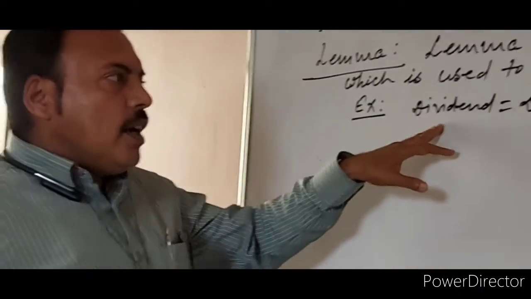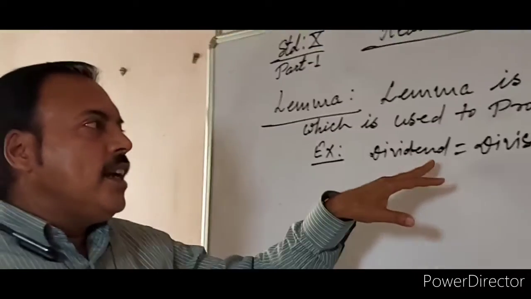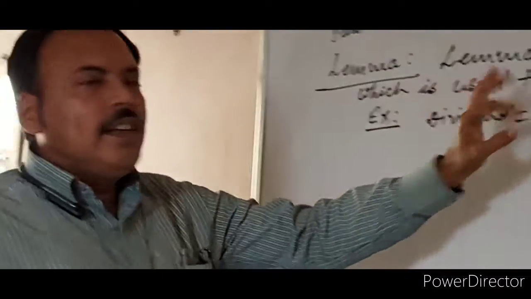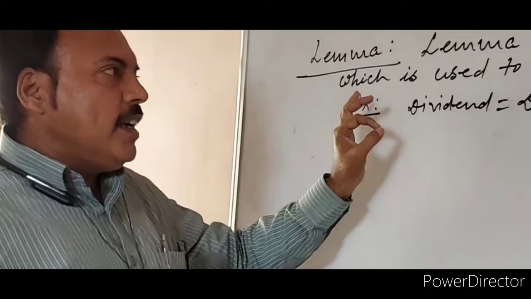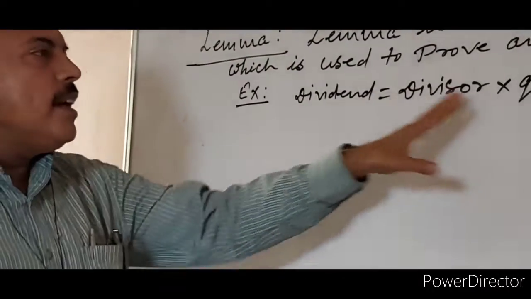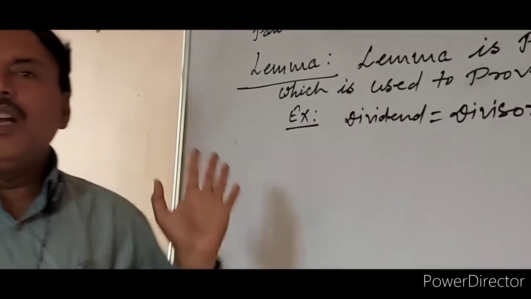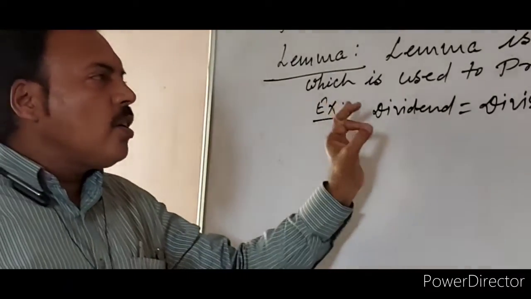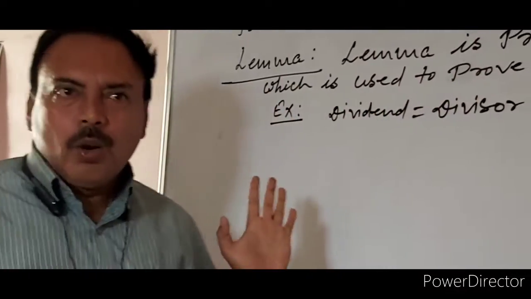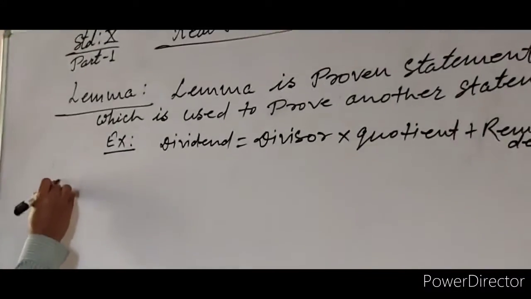We have learnt from our childhood that dividend equals divisor into quotient plus remainder. That's a statement. You can say it is a formula or a statement. And this statement is an example of lemma. This is a short result and we need not prove it like theorems. Okay. Next our topic is Euclid's division lemma.